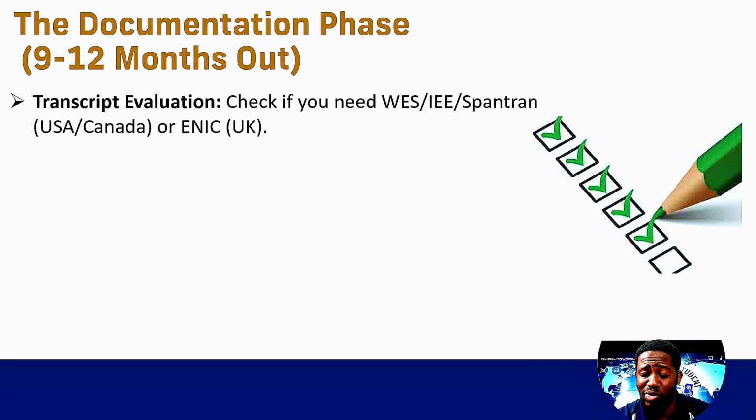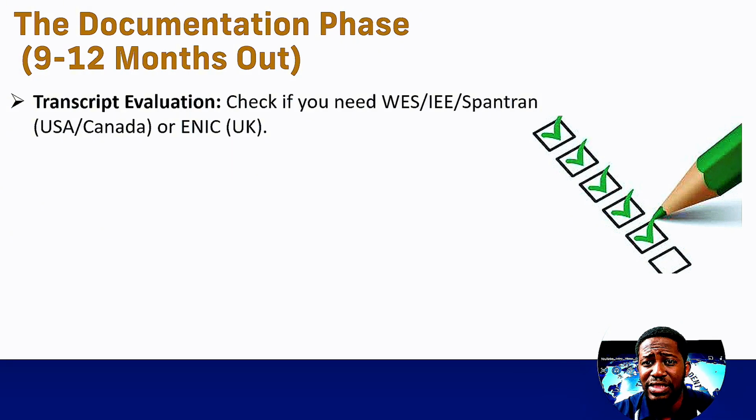The WES evaluation, IEE, International Education Evaluation, which is what I use, and Spantran. All of these work for the US and even Canada. Then we have ENIC, formerly NARIC, I think now it's ECCTIS. These ones are equally very interested in transcript evaluation.